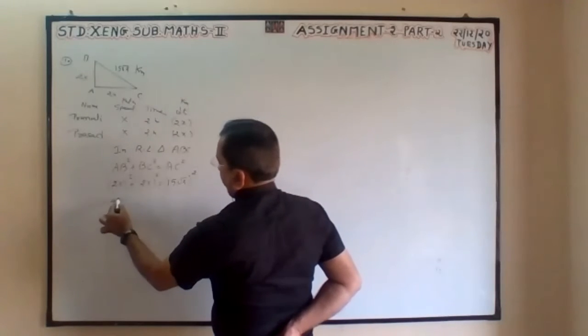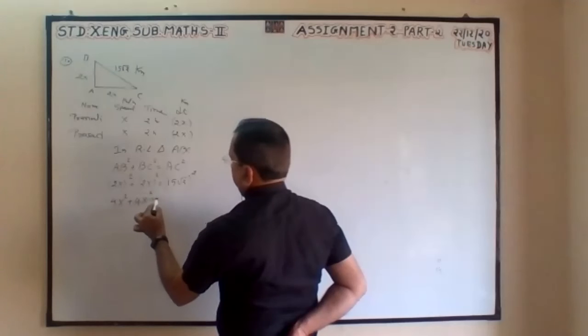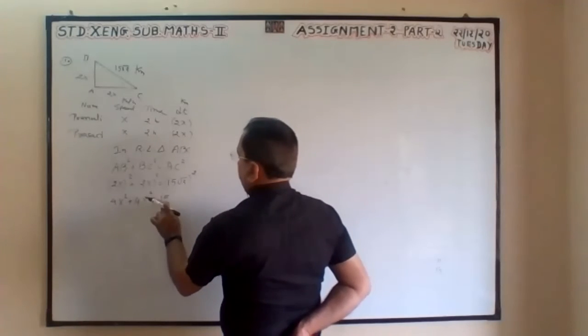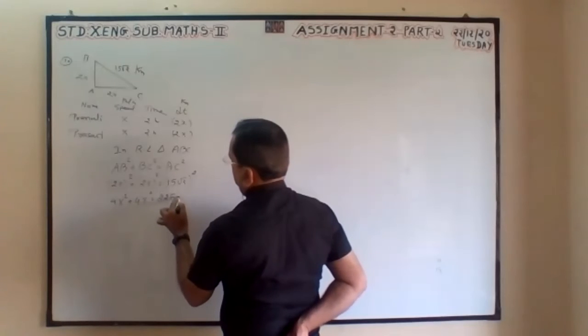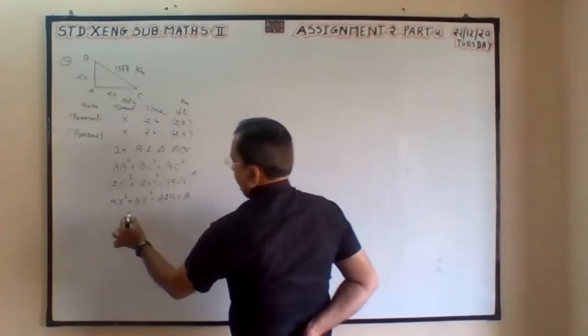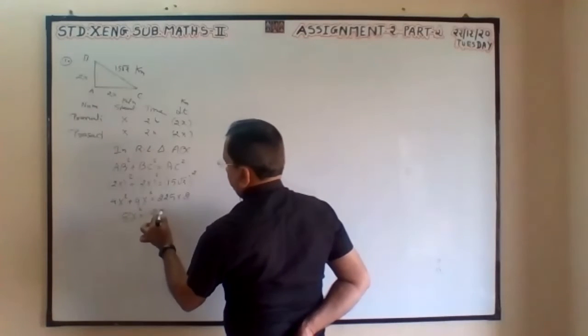So 4x square plus 4x square is equal to 15, 15s are 225, into 2, root 2, root 2, 2. So it is 8x square equals 225 into 2.